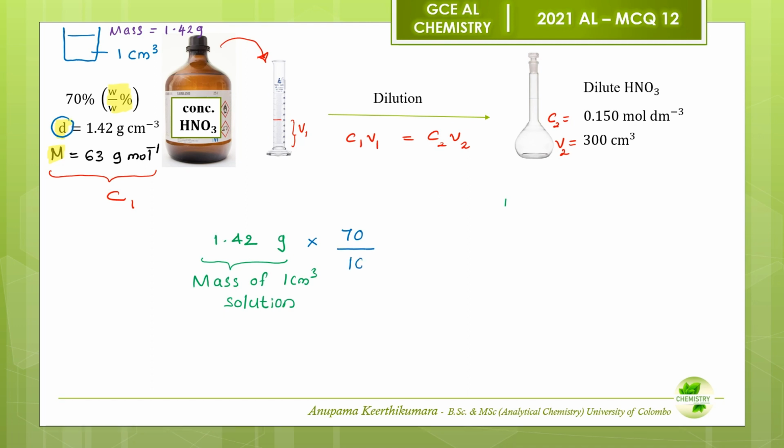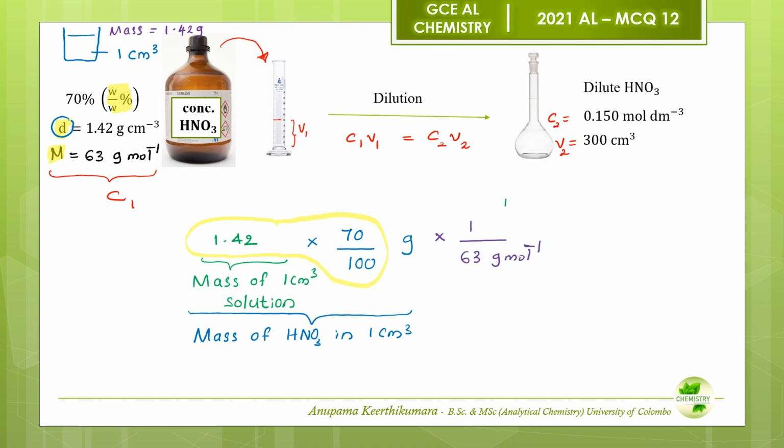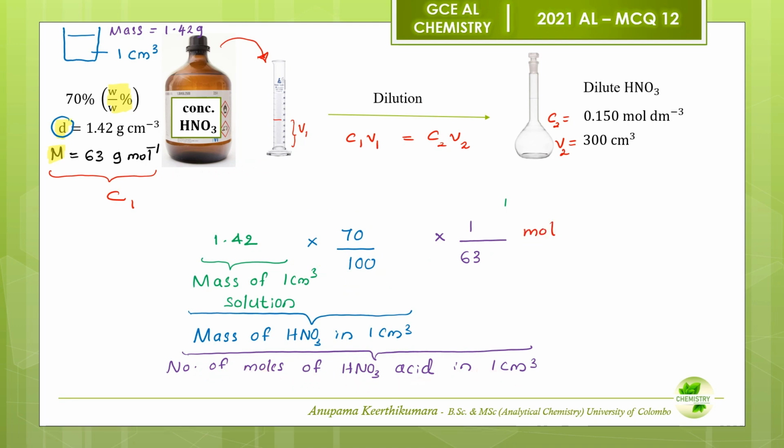1.42 times 70 divided by 100 gives the mass of nitric acid in 1 cubic centimeter of this solution. Mass divided by molar mass gives the number of moles of nitric acid in 1 cubic centimeter of this solution. This is the number of moles of nitric acid in 1 cubic centimeter of this conc nitric acid.